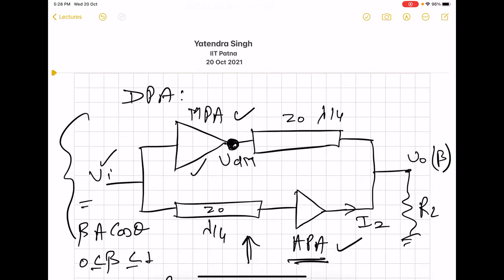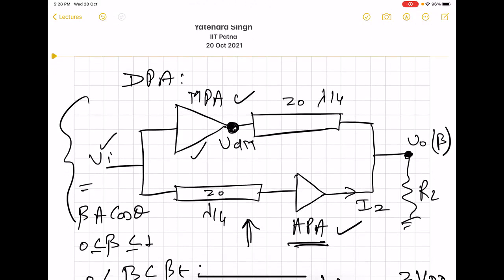Now, this is fine, but what we want is that my load should continue to get a voltage proportional to input, depending linearly on beta. So this output should be directly proportional to beta. This is the final objective. If this circuit is not able to meet this, then it will be of no use.